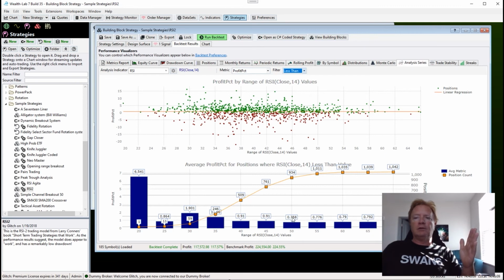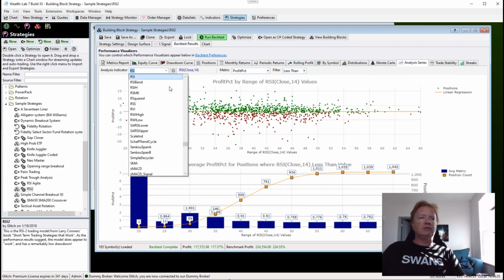So where we hit kind of like a breaking point here of around 0.7, 0.8. So this is showing that if you would have filtered your strategy using RSI 14, you could have gotten a larger percent profit per trade at the cost of fewer trades.